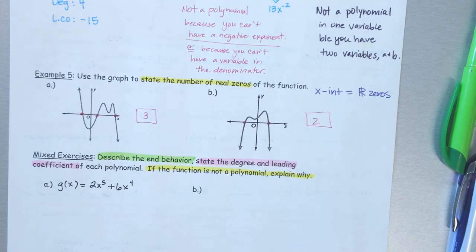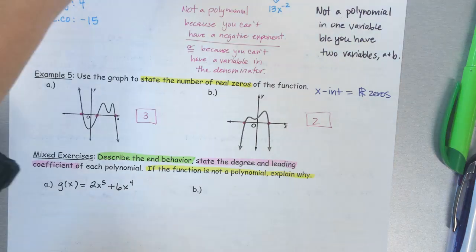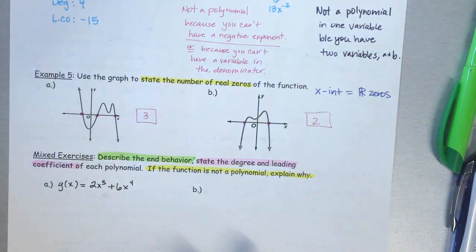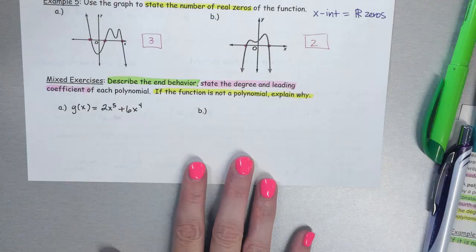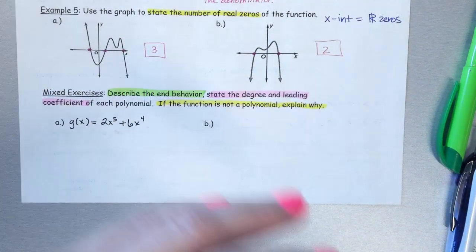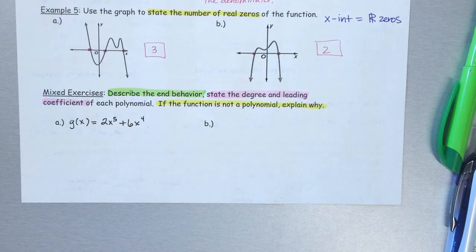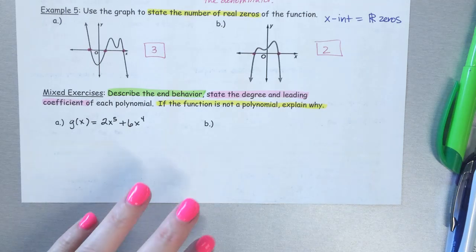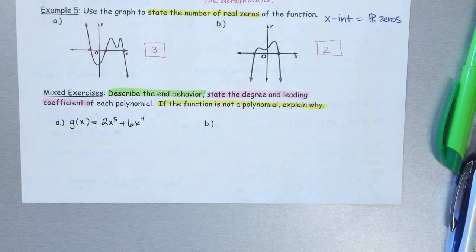So if it's not a polynomial, again, you're going to see either an exponent with a variable in the denominator of a fraction, you're going to have two variables, or you're going to have a fractional power. If you don't have those, it is a polynomial. It does say to describe the end behavior first.